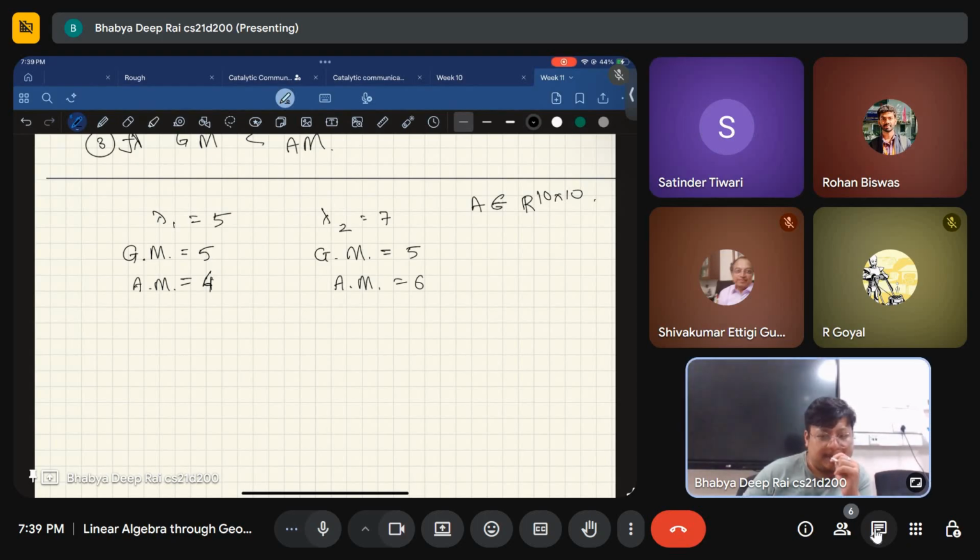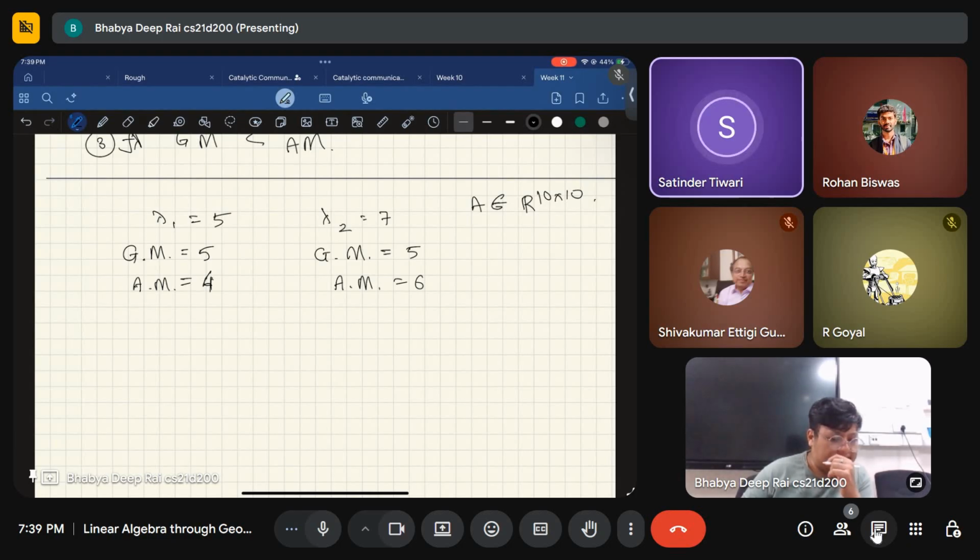Since the algebraic multiplicity is 4, it depends upon the number of dimensions, and geometric multiplicity will not be possible, I think, because we are looking into the basis. I don't have the clear idea. Still, let sir explain.